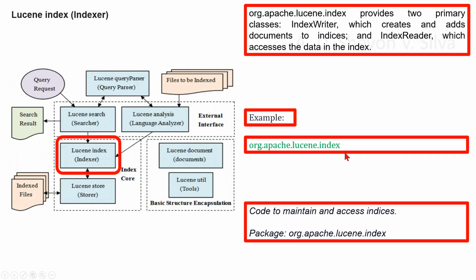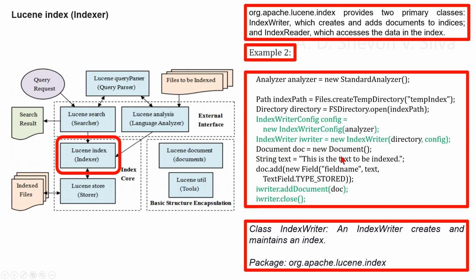package org.apache.lucene.index. This is code to maintain and access indices. As example 2, we can consider this code segment here, class IndexWriter. IndexWriter creates and maintains an index.